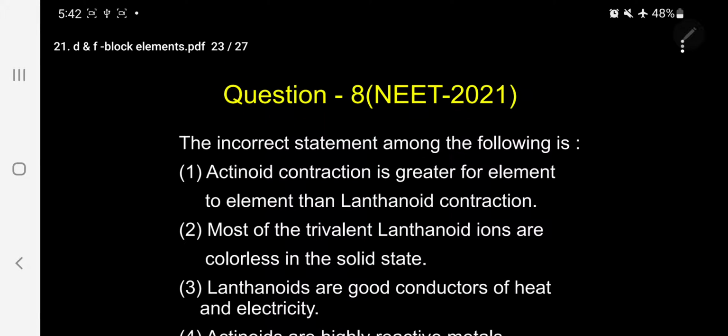Okay. Question number 8. It is asked in NEET 2021. The incorrect statement among the following.